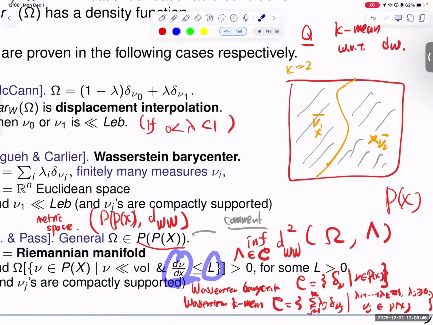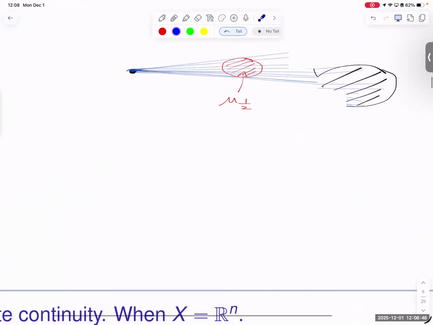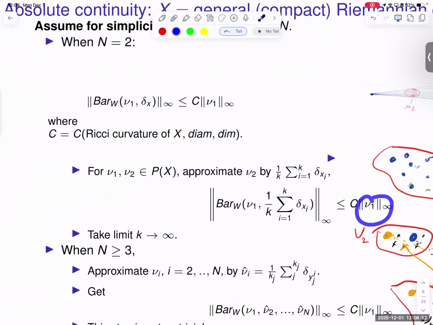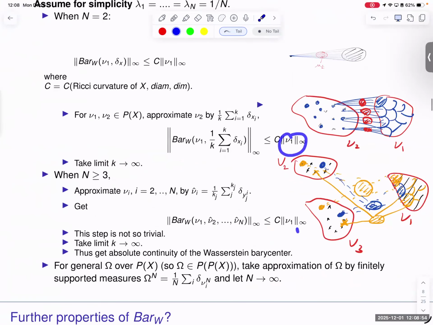This condition actually came from that analysis, because we needed this upper bound. Okay, all right, then you can generalize this to more general measures. Okay, any question?